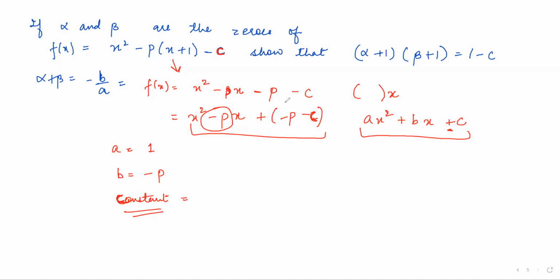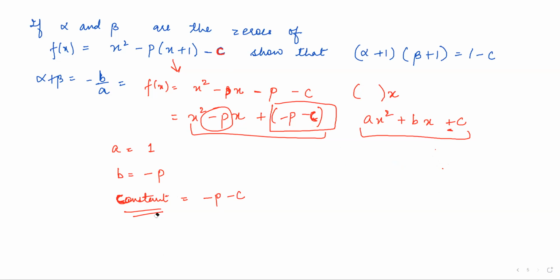But here you have something else. So don't write c, use constant. So constant is this, minus p minus c. Getting the point? Otherwise you will get confused. You will write c is equal to minus p minus c. Now which c is the variable and which c is the coefficient? Yes, Martin, clear? Yeah, yeah.